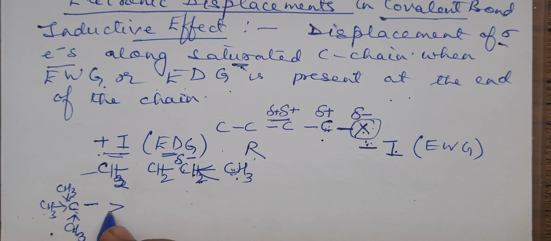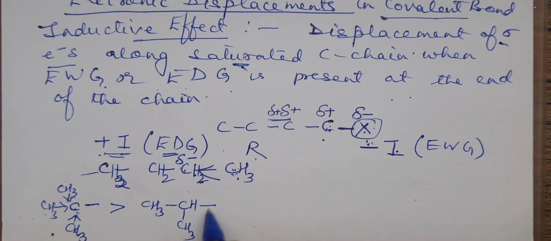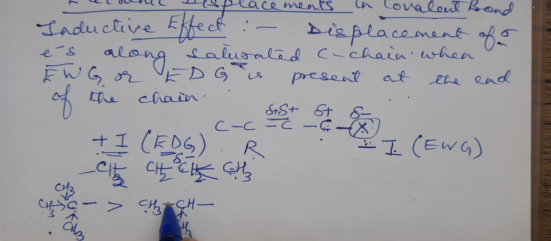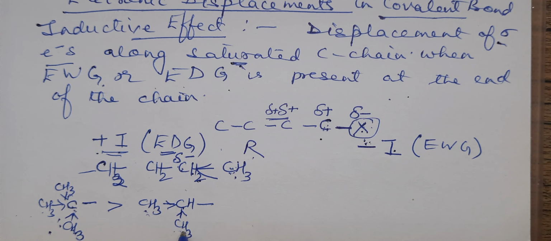If I compare this with isopropyl, I am saying tertiary butyl is maximum. This is isopropyl. There are two methyl groups attached to this carbon, pushing electrons towards the carbon. So tertiary butyl, having three, has more positive inductive effect than isopropyl.